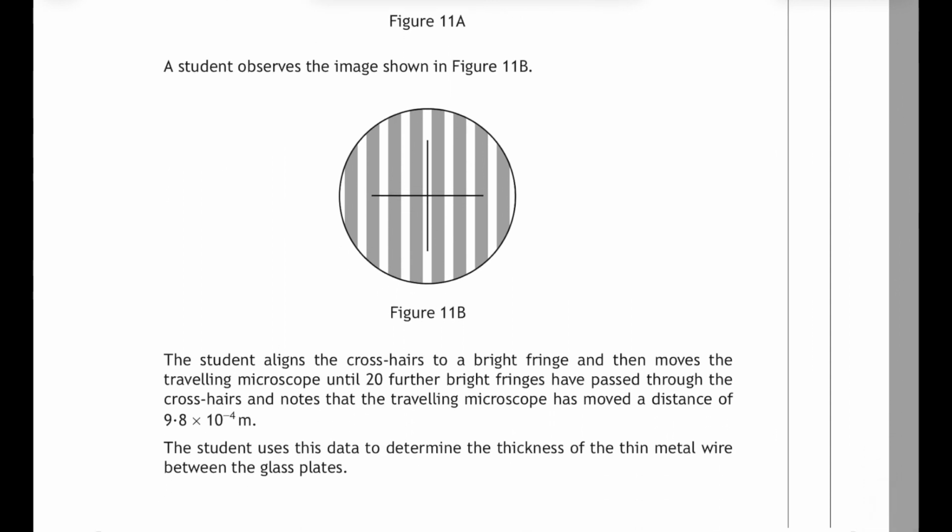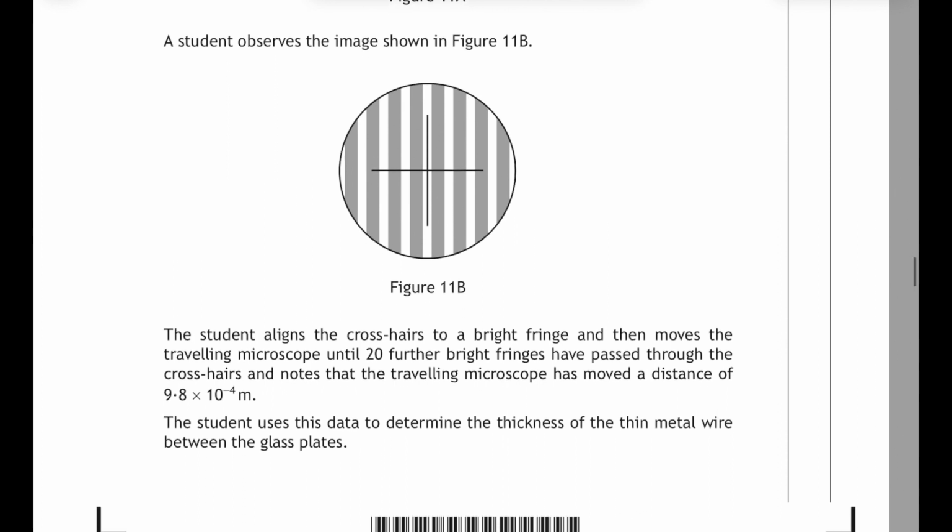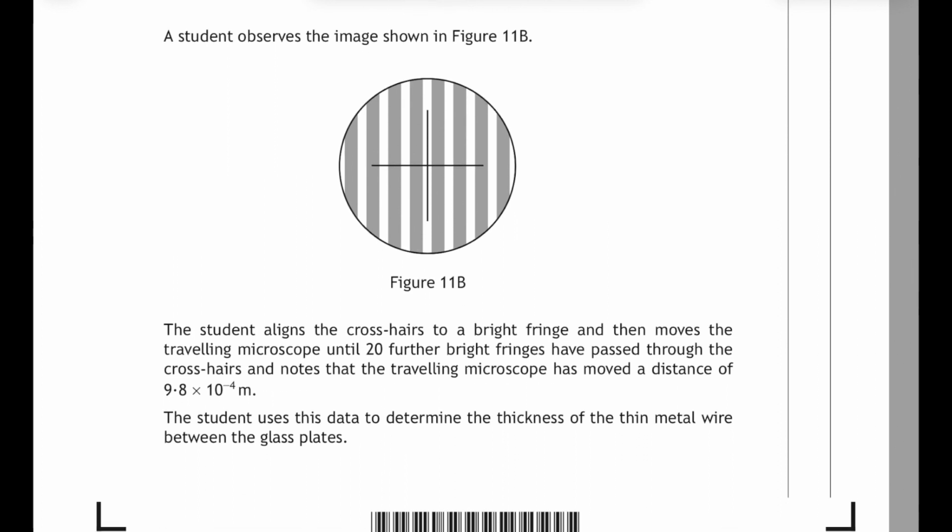The student aligns the crosshairs to a bright fringe, and then moves the travelling microscope until 20 further bright fringes have passed through the crosshairs, and notes that the travelling microscope has moved a distance of 9.8 times 10 to the minus 4 metres. Let's bear in mind that that's 20 fringe spacings.